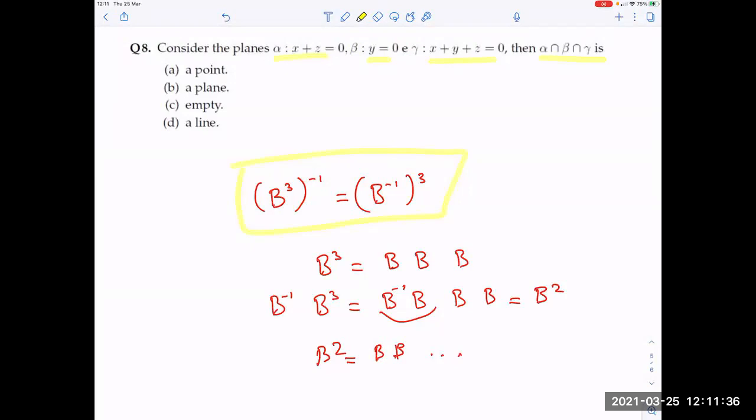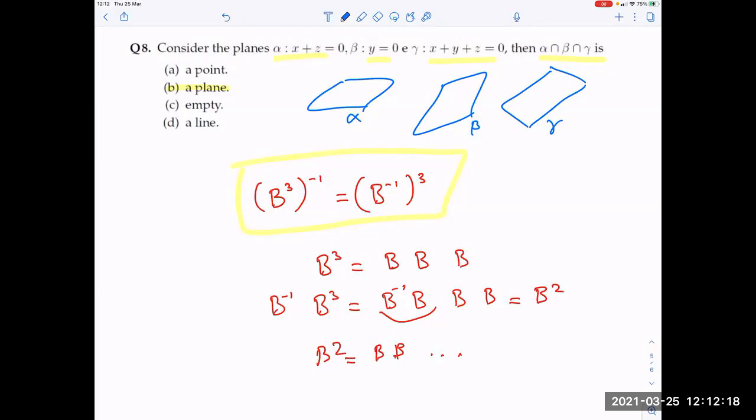Okay, so Beatrice Tomatis has a suggestion for B. She is suggesting that you get a plane. So visually, if this is true, you have 3 planes and when you intersect them, you get 1 plane. In order for that to be true, all the planes should be equal, okay?